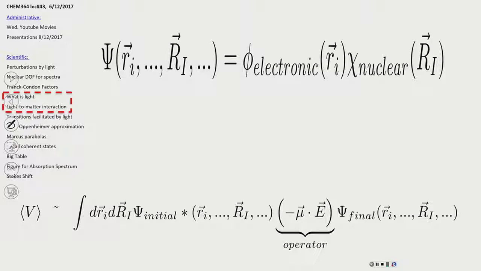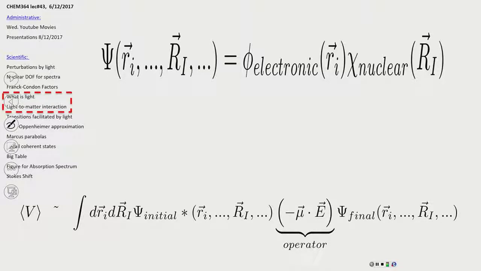So the main, I wouldn't say theorem, but main statement of spectroscopy is that the intensity, the ability of a molecule to go from one state into another state, will be equal to the matrix element of the initial and final state with the operator of interaction.